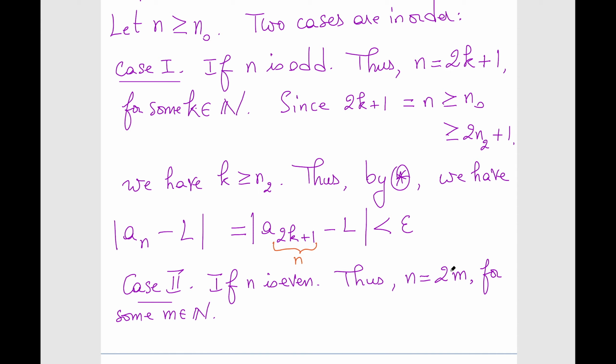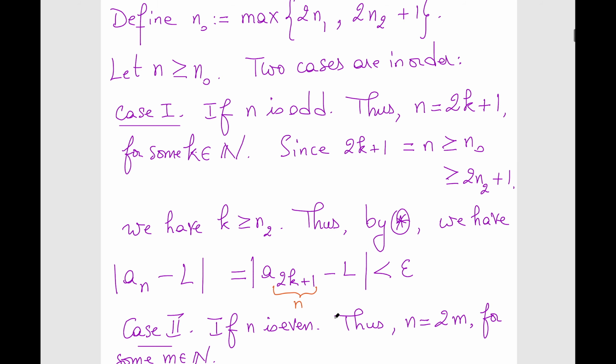So since n is twice some m, for this m, what can we say about this m? Well, n is at least n naught, and n naught is bigger than or equal to 2n_1. So 2m, which is n, is going to be at least 2n_1, right? And as such, m is going to be greater than or equal to n_1.